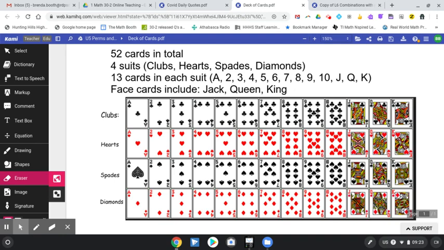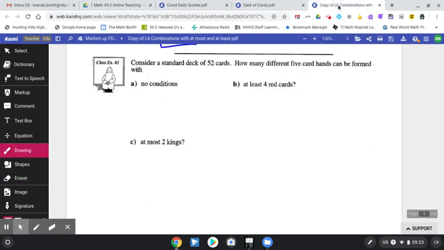You've got it open up so that you can see all the cards in the deck. So we have, considering a standard deck of 52 cards, how many different 5-card hands, so making groups of 5, can be formed with no conditions?